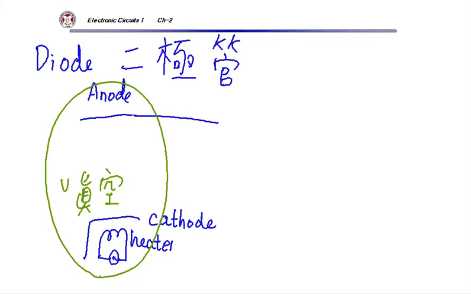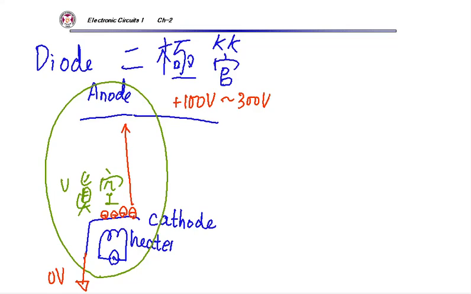When heated up, electrons come to the surface of this cathode material. When temperature goes up, electrons are emitted. If this cathode voltage is 0 volt and I apply plus 100 volt at the anode, or maybe 300 volt, those electrons on the surface of the cathode will be attracted toward the anode.